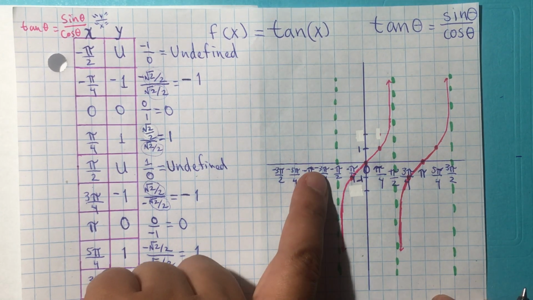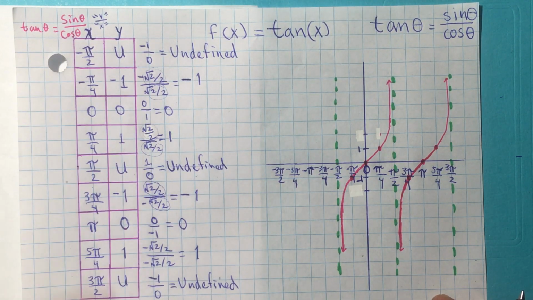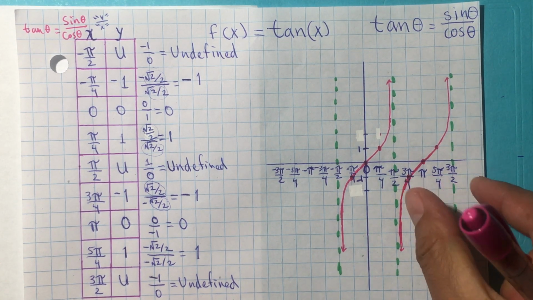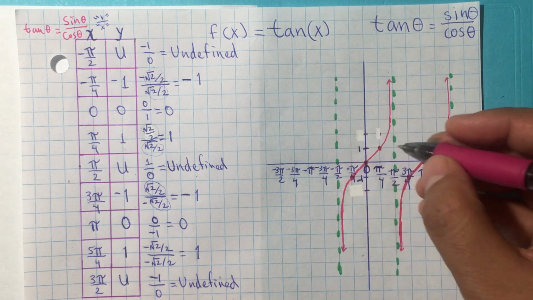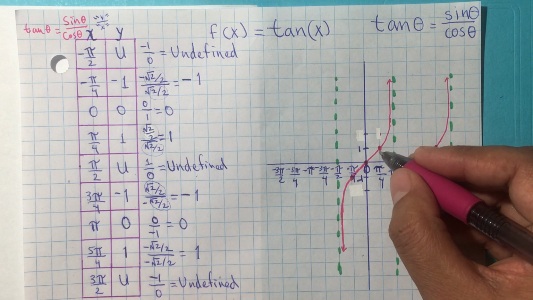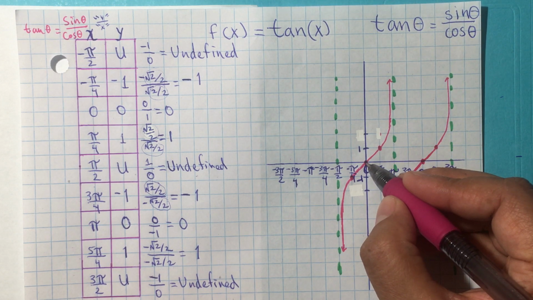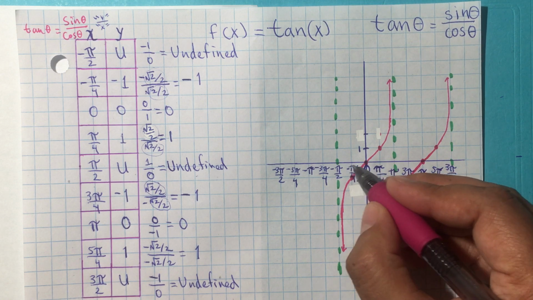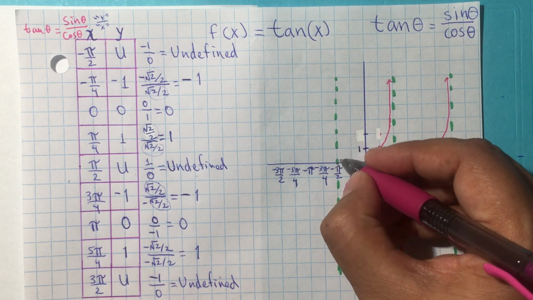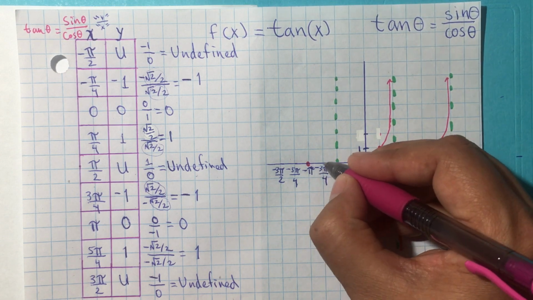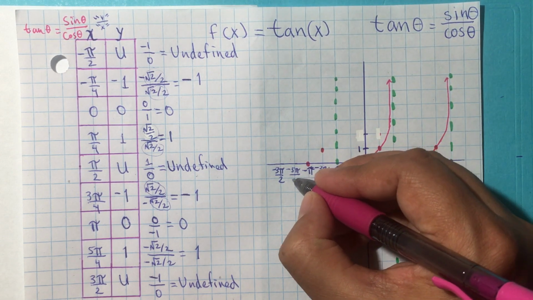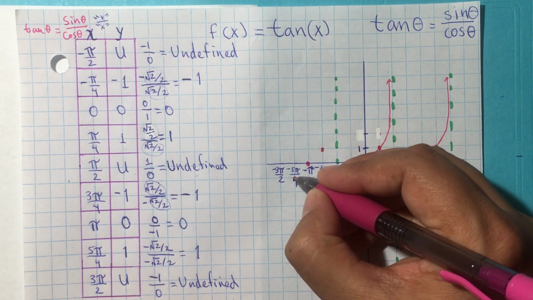Okay, and so we don't have anything in here, and you can just find the values, but you can also just do a repetition, because this is a pattern that just repeats over and over and over. But that's how you graph your function of tangent. If you do the repetition, in the middle, meaning 2 away from the undefined, is 0, 0. To one side you go positive right there, and to the other side you go 1 down.